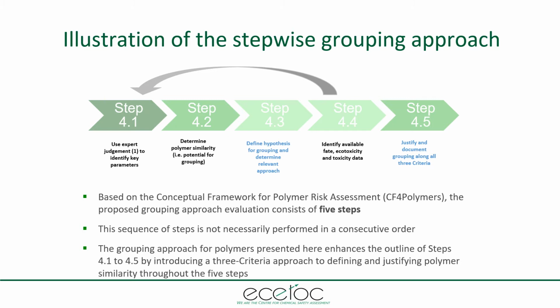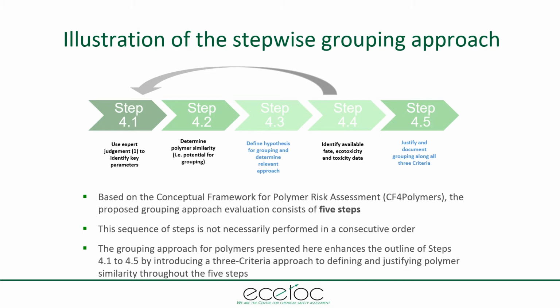Step 2 determines polymer similarity, which means the potential for grouping. Step 3 defines the hypothesis for grouping to determine the relevant approach. And finally, in step 4, one identifies available data for fate, ecotox, and toxicity. And finally, in step 5, it's about to justify and to document the grouping along all 3 criteria.